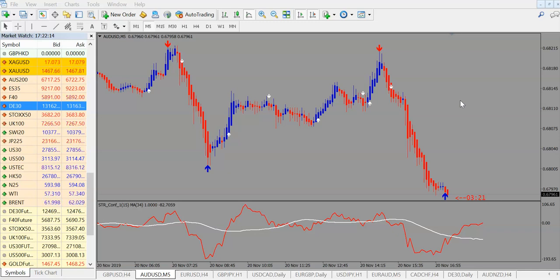Very simple, you will see. So, as I said, this is for Forex, and this is also for binary. I will come later to binary.